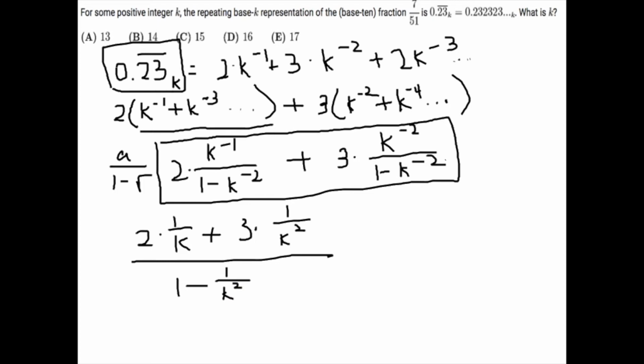So we're taking advantage of the fact that we have common denominators already, and basically after that we know that 1 is equal to k squared over k squared, so the denominator is going to simplify to k squared minus 1 over k squared. And the top here is going to be 2 over k plus 3 over k squared.